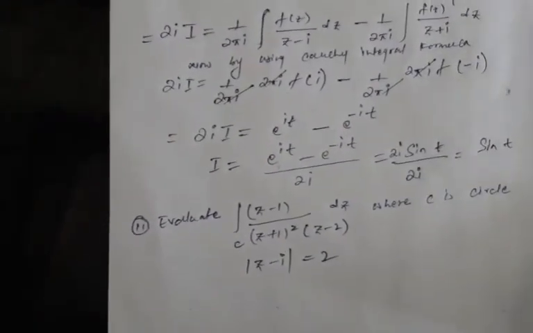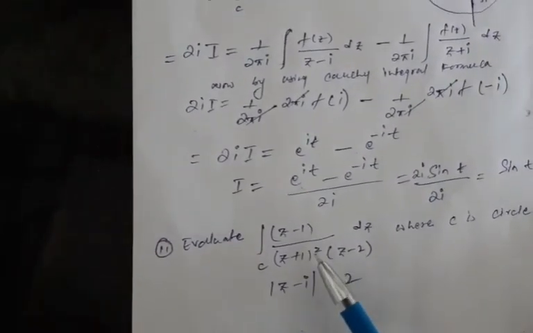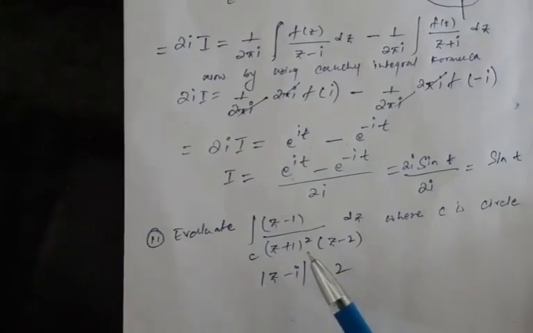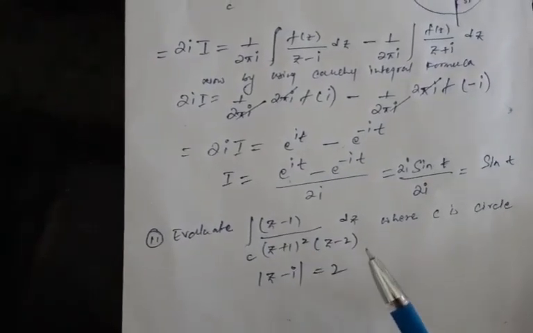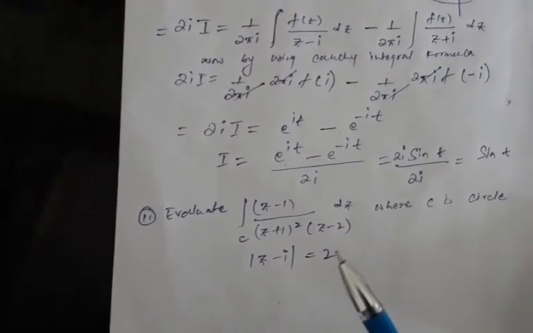The second problem is: evaluate the integral over C of z minus 1 divided by (z plus 1) square (z minus 2) dz, where C is the circle mod of z minus i equal to 2.